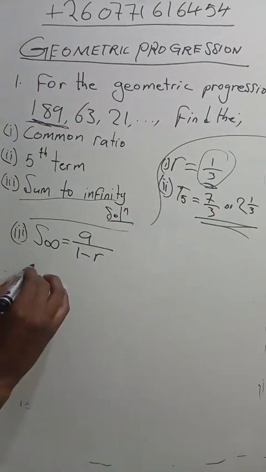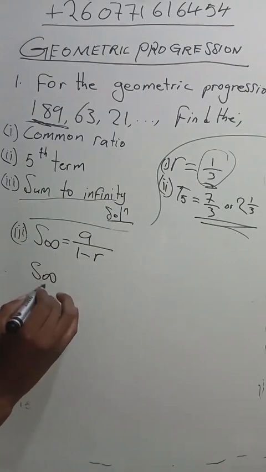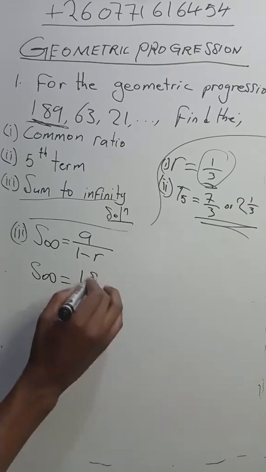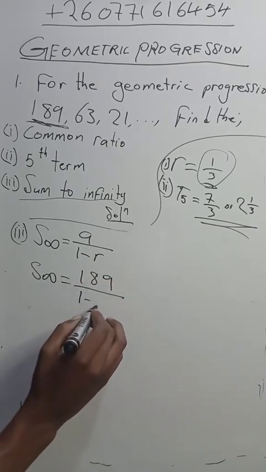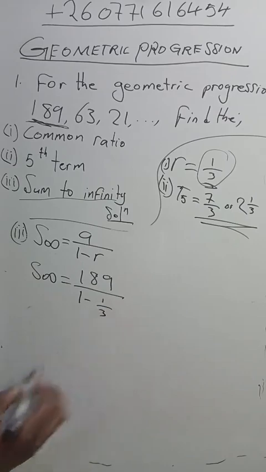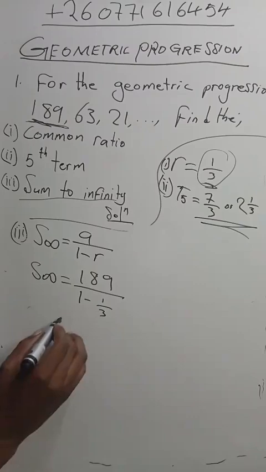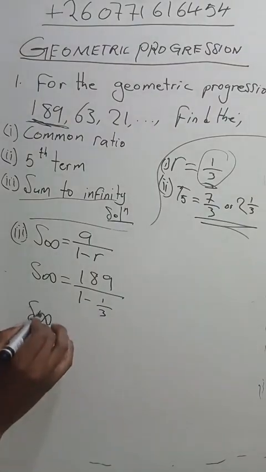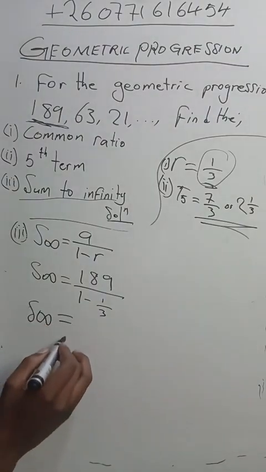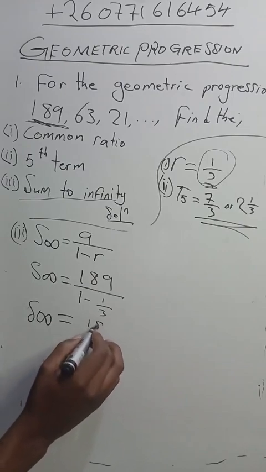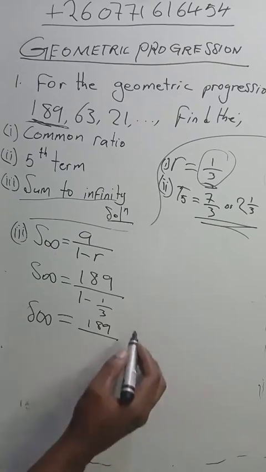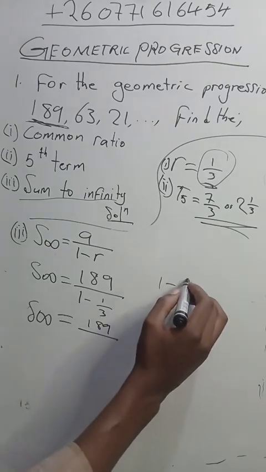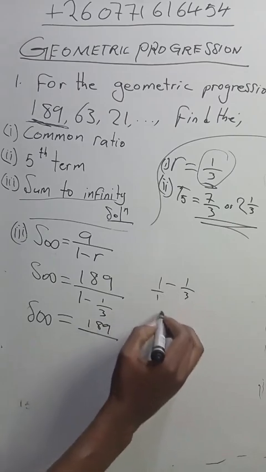So we're going to say sum to infinity is equal to 189 over 1 minus 1 over 3. Okay? Then we're going to say sum to infinity is equal to 189 over, down here, what do you have? So we have 1 minus 1 over 3, so over 1.